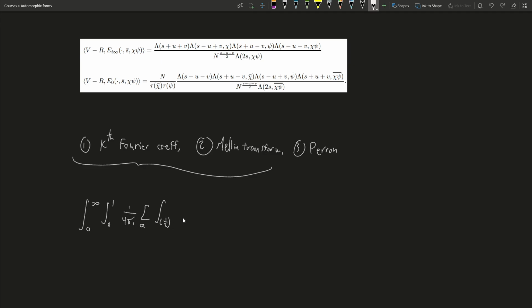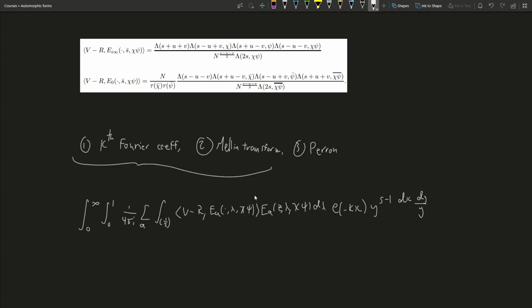And then this term in the spectral decomposition, and here you'll have V minus R with your Eisenstein series at, I'll write it down, lambda chi psi, times the Eisenstein series itself, z lambda chi psi d lambda, and then we care about this times e of minus kx, y to the s minus 1, dx dy over y.